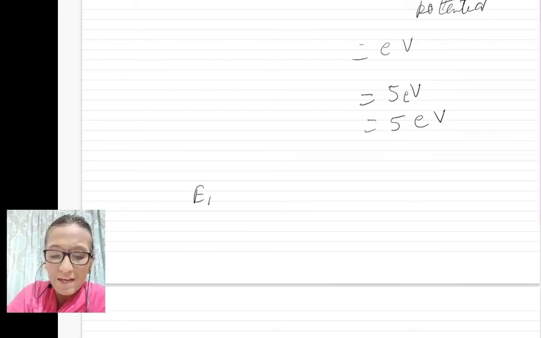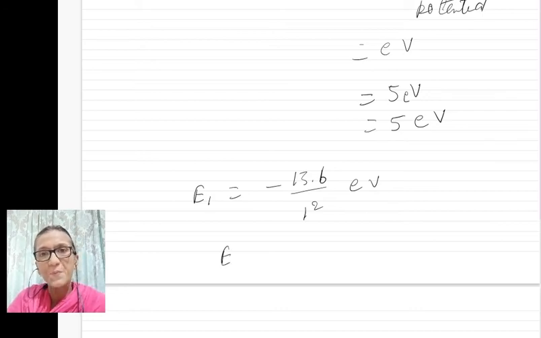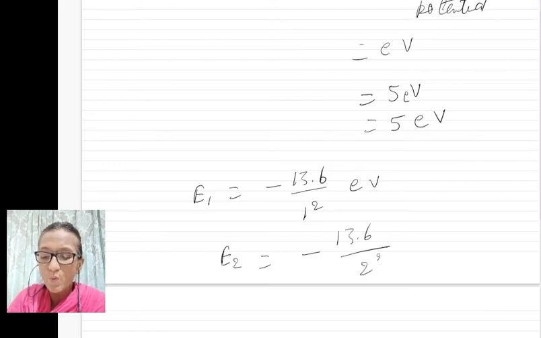We know that the energy of the ground state is equal to minus 13.6 divided by 1 square electron volt, and the energy of the first excited state, that is your second shell, is equal to minus 13.6 divided by 2 square electron volt.